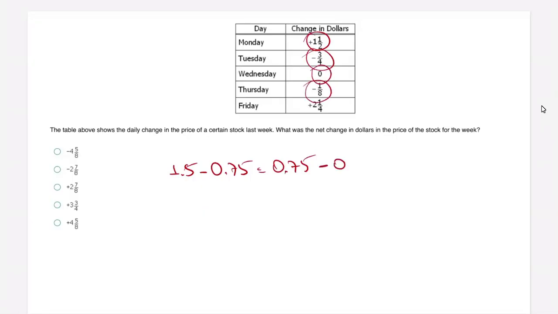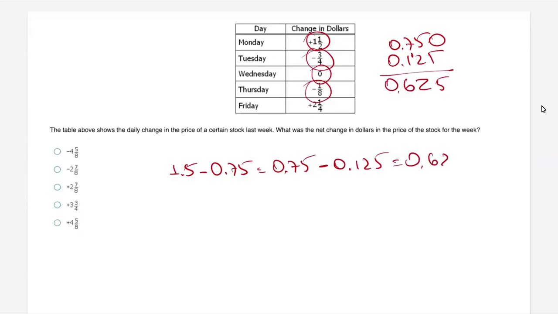Remember that I said to memorize. Okay, so 0.75 minus 0.125. Okay, 5 goes 1, 2, 6.625.